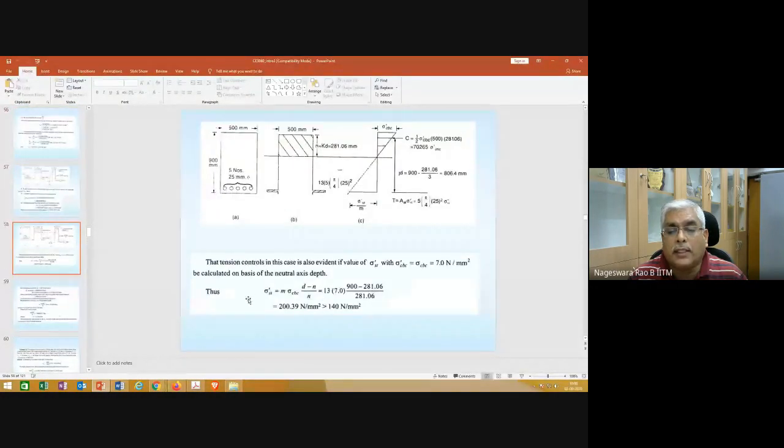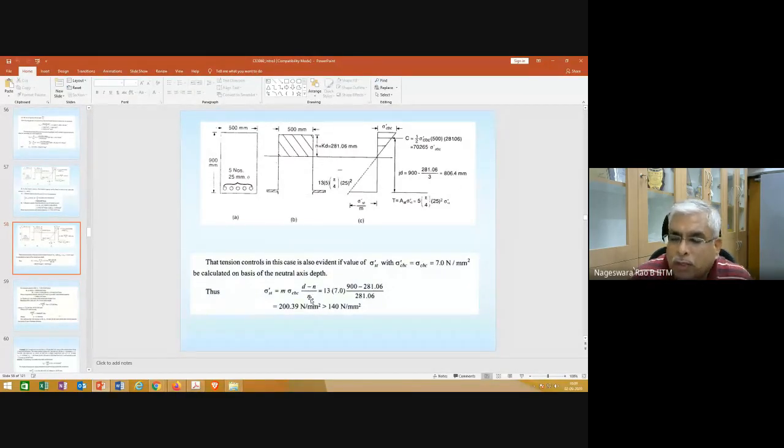For the transformed section, based on the stress distribution, you have this equation: sigma prime ST divided by m, divided by sigma prime CBC, is equal to (d minus n) divided by d.